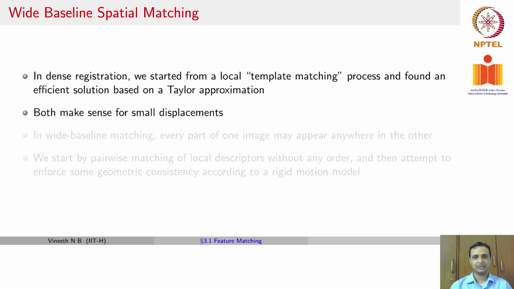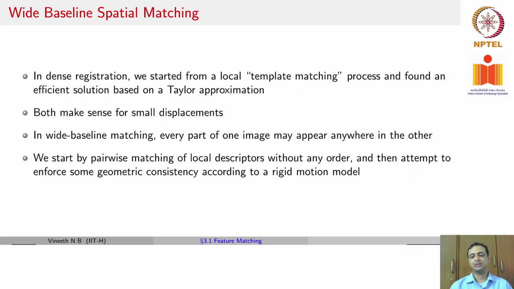In wide baseline spatial matching, there's a difference from the dense registration. Just to repeat again, in dense registration, we started from a very local template matching process, and we found an efficient solution based on a Taylor approximation. Both of these make sense only when you have small displacements.